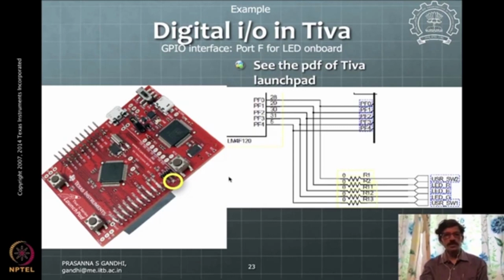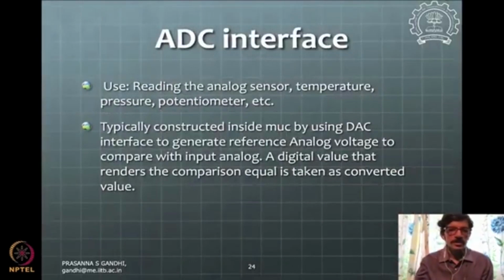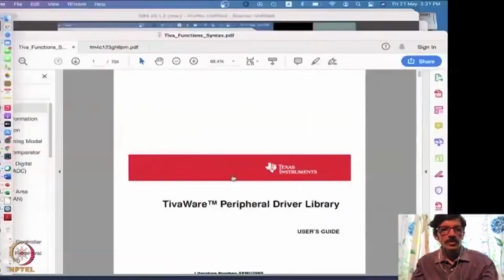So let's have a look at a little bit more detail about what facility this interface gives in TIVA. Before going to the ADC, we'll look at the TIVA in a little more detail here.